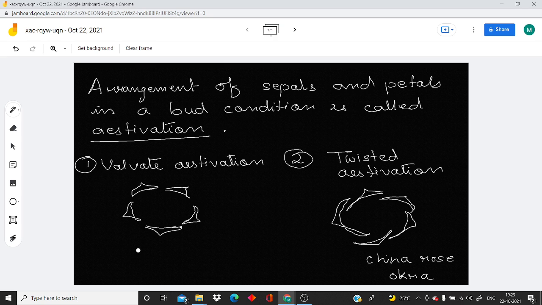And valvate we find in Solanaceae family, that is in potato family. Potato, brinjal, chili, tomato. So in those plants you will find valvate estivation. I hope you have completed drawing. So I will go to the next sheet.